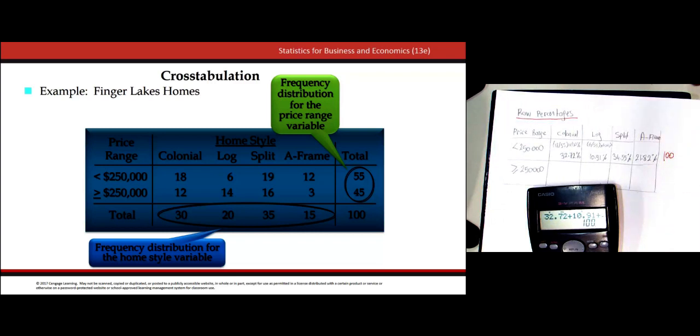Now we look at larger than or equal to $250,000.